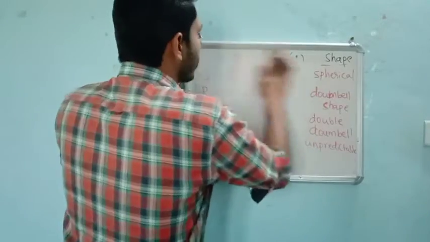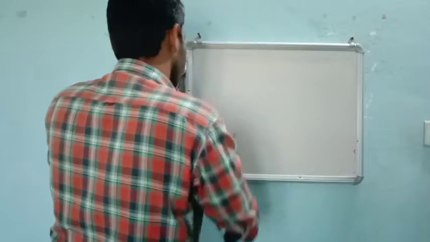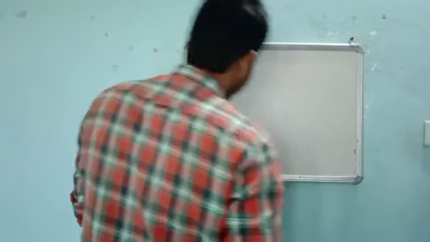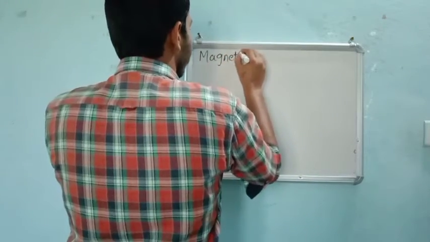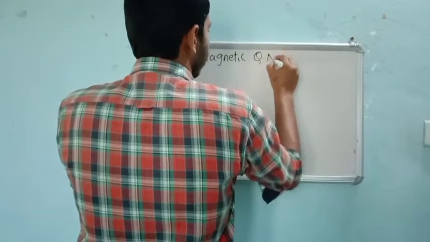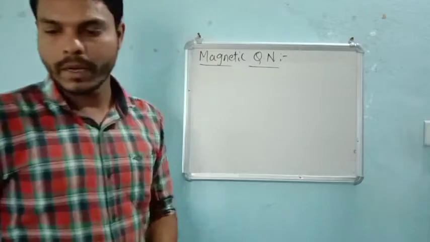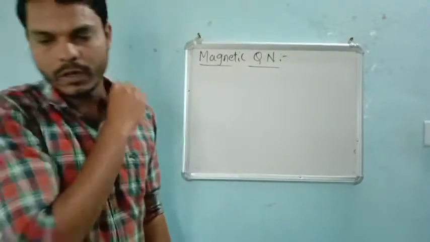Now coming to the third one. The third quantum number is the magnetic quantum number. It is represented with small m only.